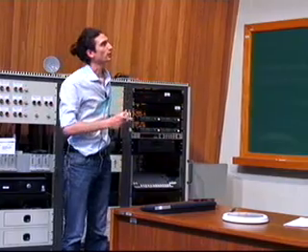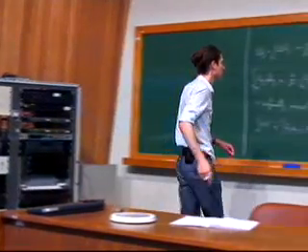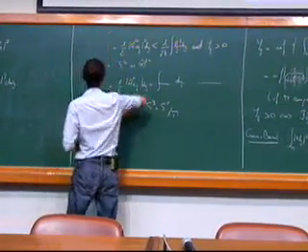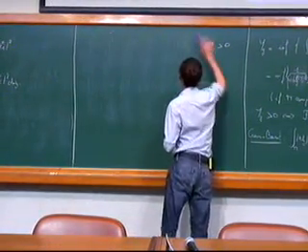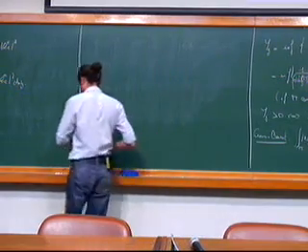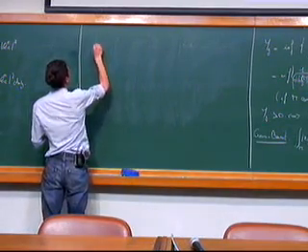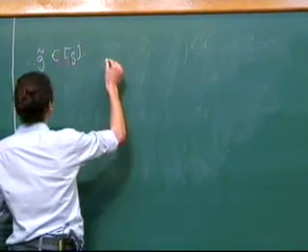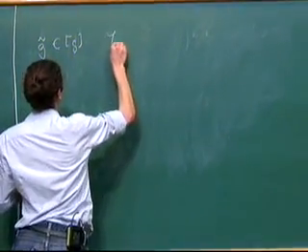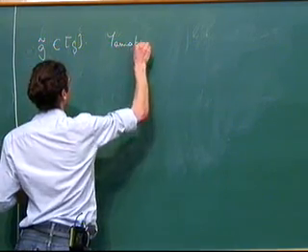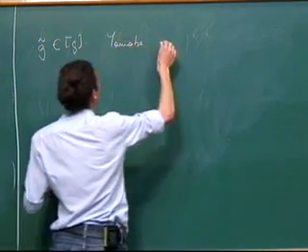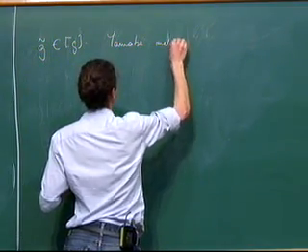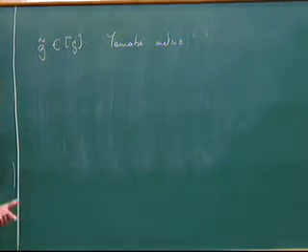So just take a Yamabe metric. You take g tilde in the conformal class that is a Yamabe metric. So it will achieve the minimum of the Yamabe functional, and it will have constant scalar curvature.